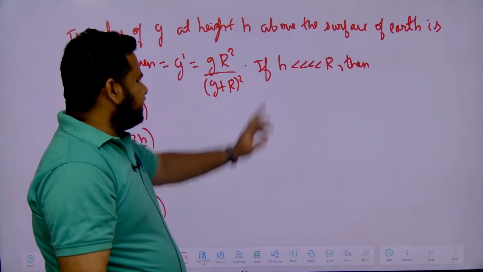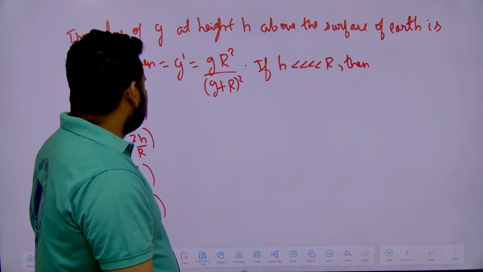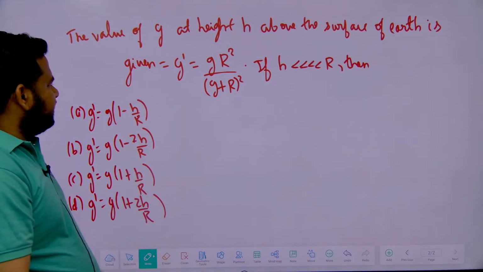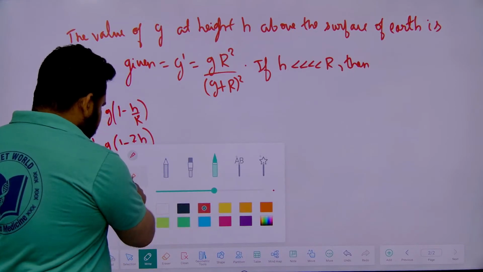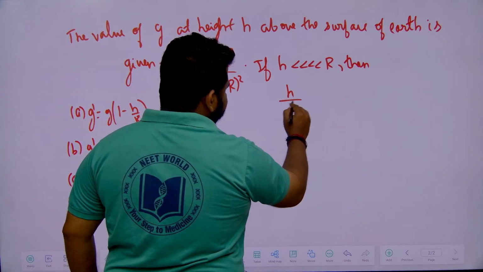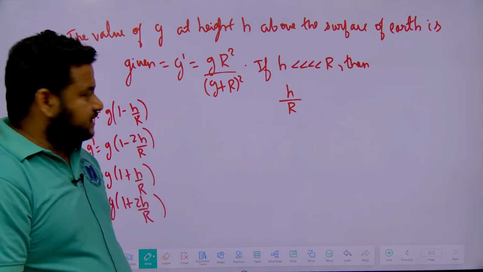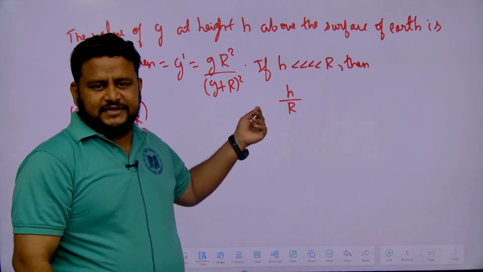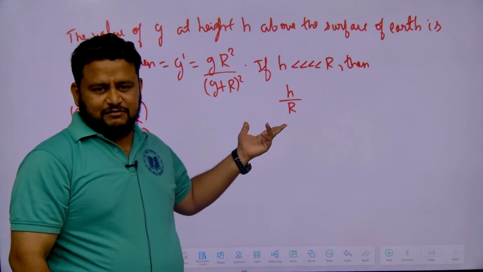If h is very less than r, what will happen if I divide h by r? This value will be very less. Here r is the radius of the earth, and they are telling us the height is very less than r. So h by r will be very small.